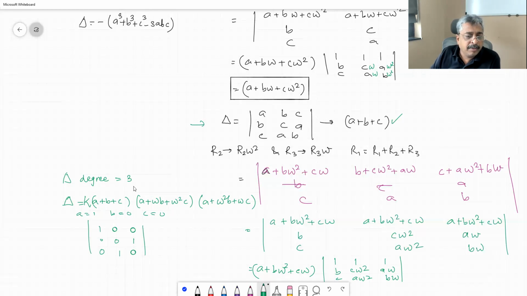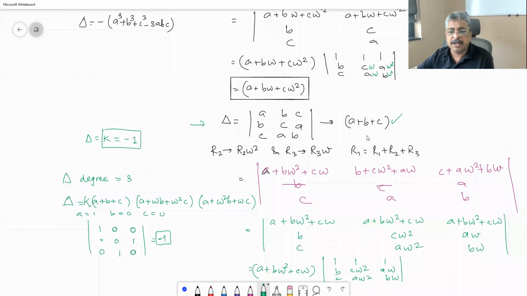What will be the delta value if we substitute this over here? 1 into 1 into 1, so delta is equal to K. That is what we will get after substituting. And once we expand this, 1 into 0 plus 1, that is 1, 1 into 0 minus 1. Delta becomes minus 1, and hence K is equal to minus 1. Therefore, the factorization of this determinant is this, with K equal to minus 1 here.